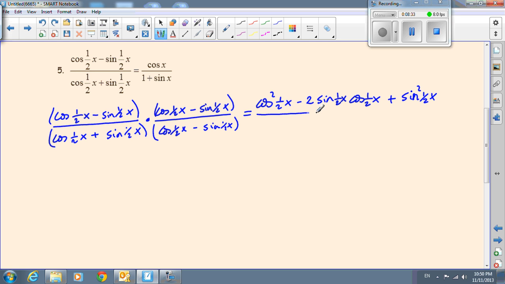And on the top, by the way, I use a minus b squared is equal to a squared minus 2ab plus b squared.